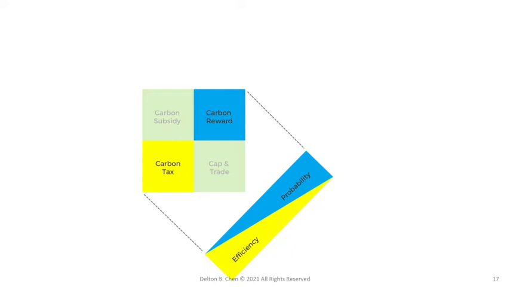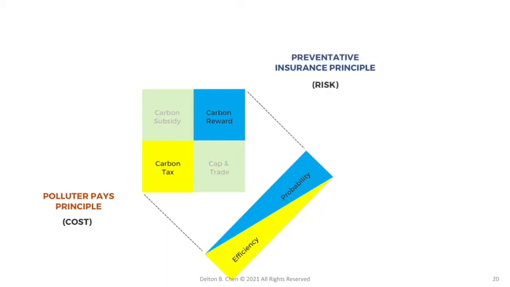Considering this is the case, we might ask the question, why would we use a carbon tax to manage the efficiency of markets? The social justification is embodied in the principle called the polluter pays principle, which is well known. The justification for the carbon reward is based on a new principle, which we propose, called the preventative insurance principle.